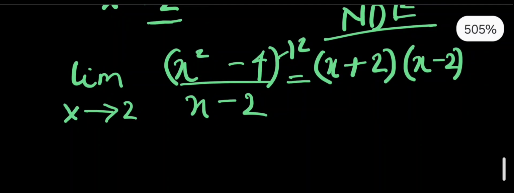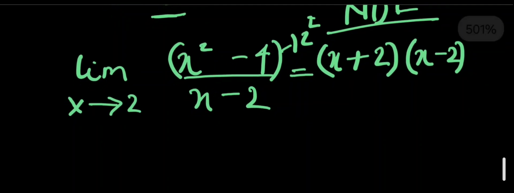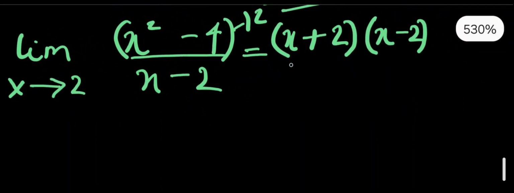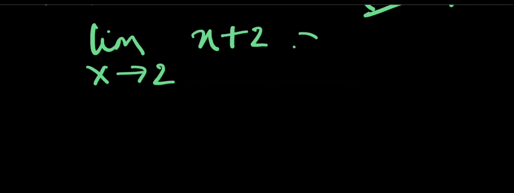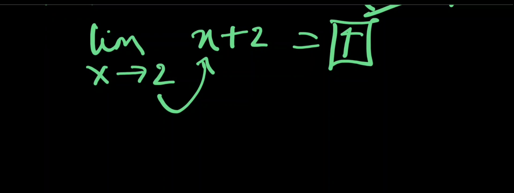My bad, 4 is just 2 squared. So we can rewrite this as x plus 2 times x minus 2, divided by x minus 2. These two will cancel. We are left with the limit as x approaches 2 of x plus 2, which is just 4, because you can sub in the value.